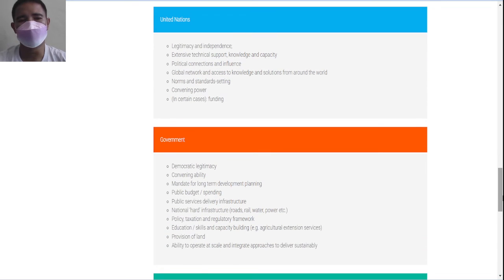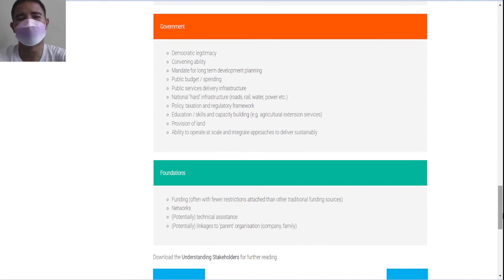For the United Nations, we have legitimacy and independence, extensive technical support, knowledge and capacity, political connections and influence, global network and access to knowledge and solutions from around the world, norms and standards setting, convening power, and in certain cases, funding.